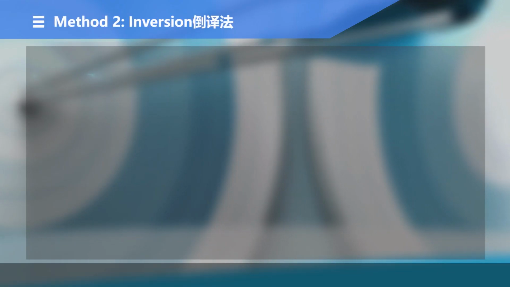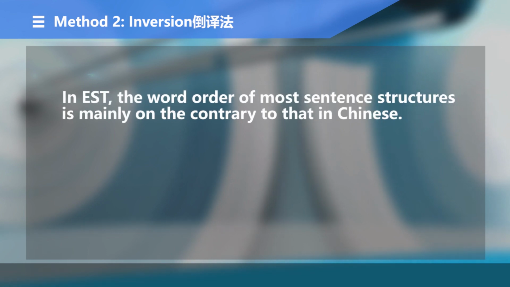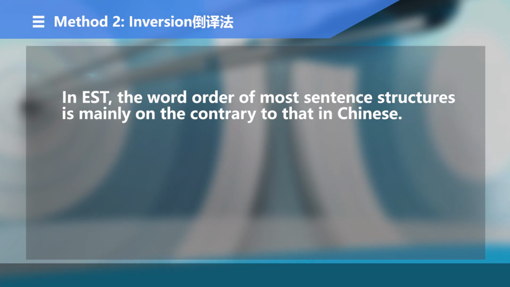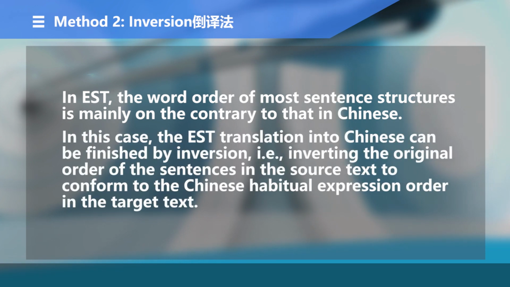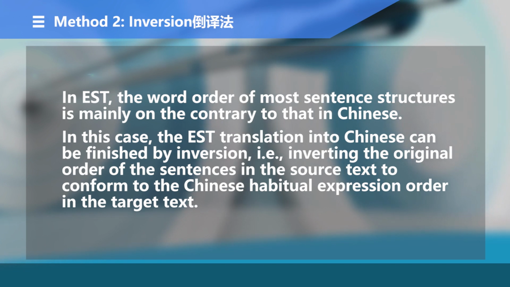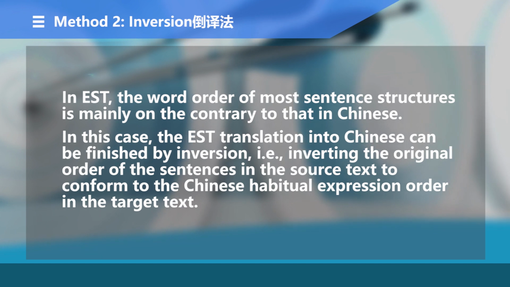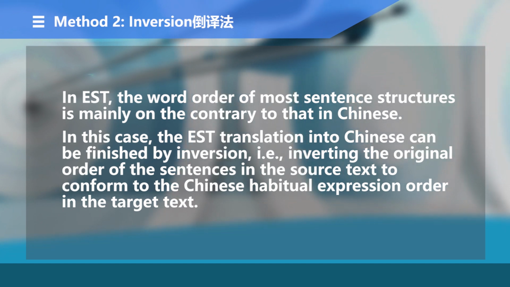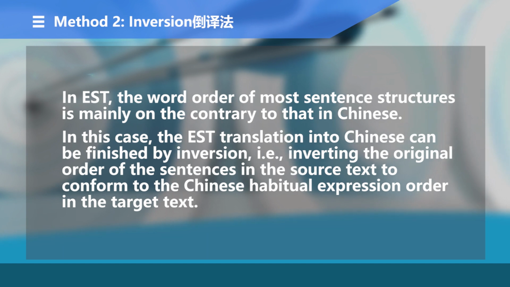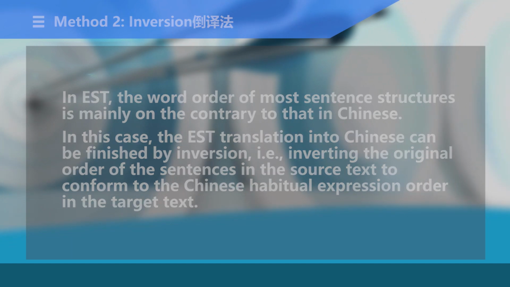Method 2. Inversion. In EST, the word order of most sentence structures is mainly contrary to that in Chinese. In this case, the EST translation into Chinese can be finished by inversion. That is to say, inverting the original order of the sentences in the source text to conform to the Chinese habitual expression order in the target text.